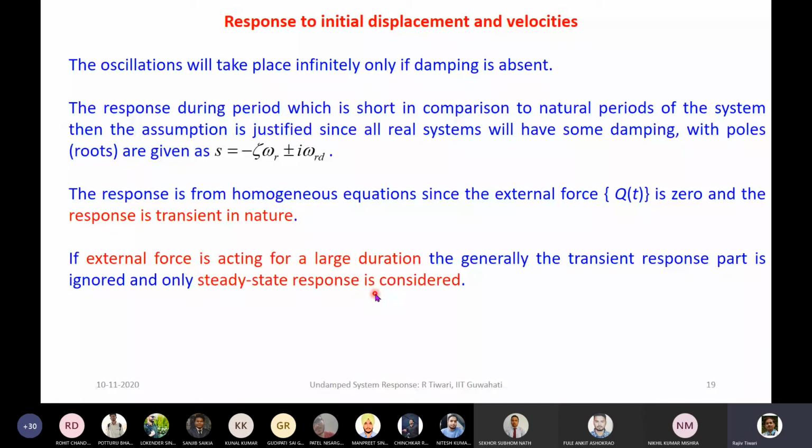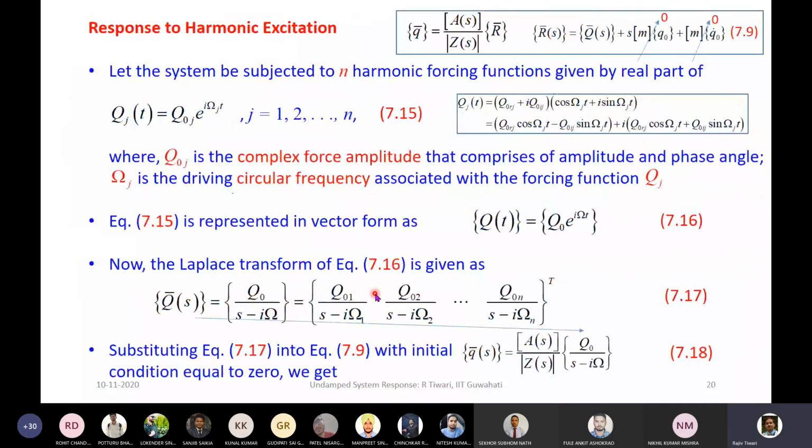And the next is the response due to the harmonic excitation. If you remember, in the Laplacian domain we expressed the response like this, in which the force had the initial disturbance and the external force. In the previous case, we ignored the external force. In this particular case, we'll ignore the initial conditions.